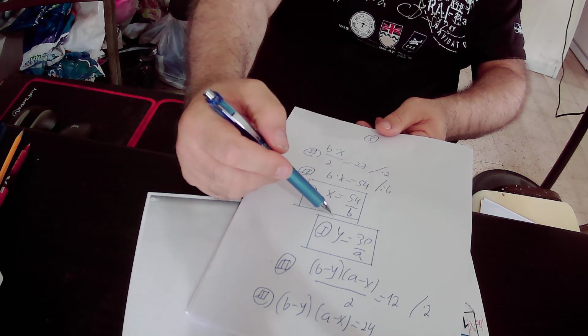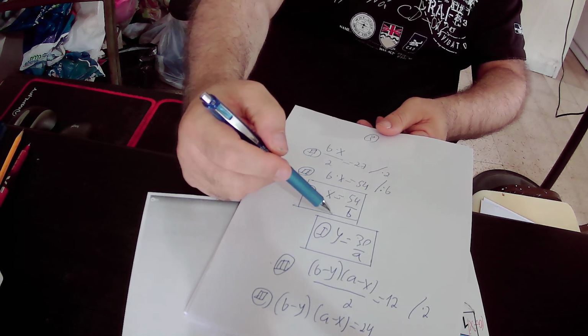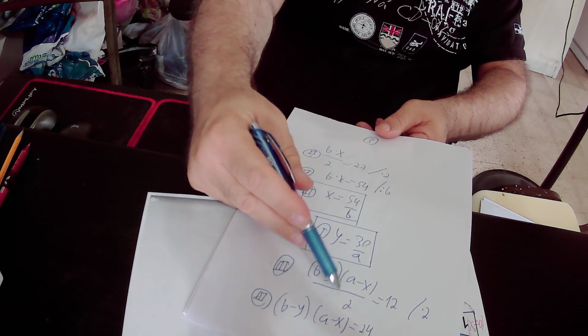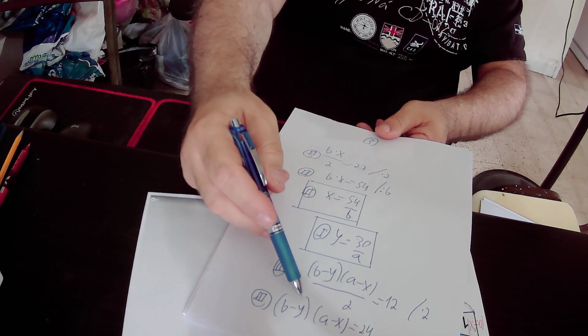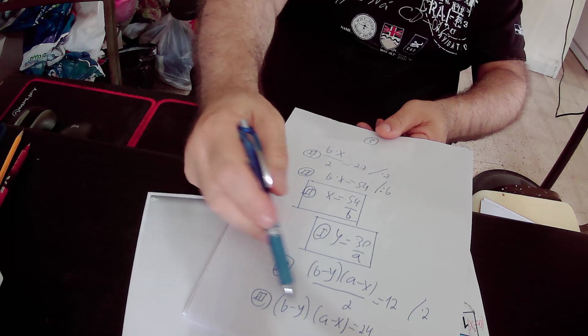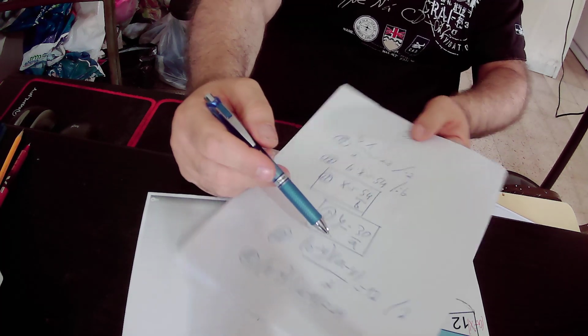Now we substitute x by 54 over b and y by 30 over a in the third equation.